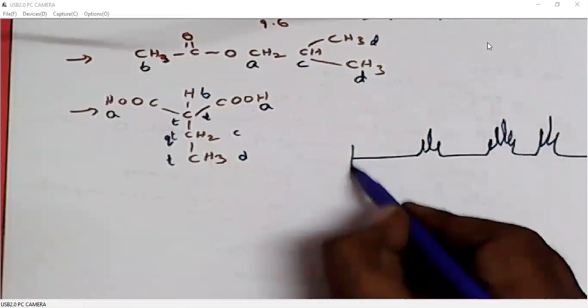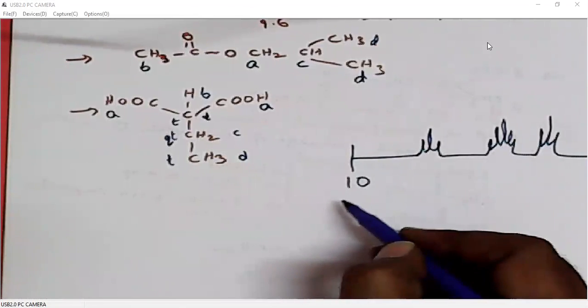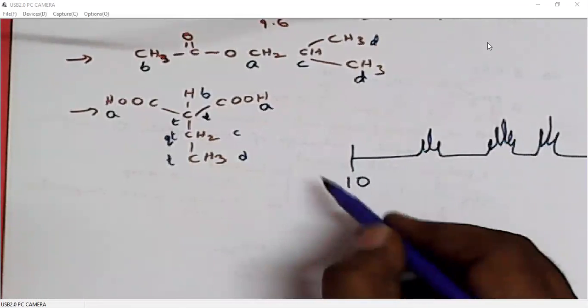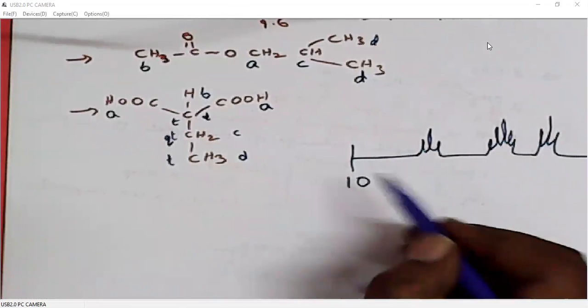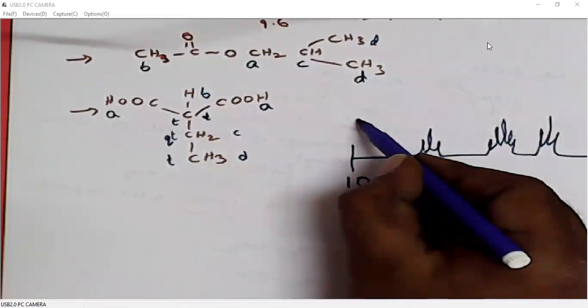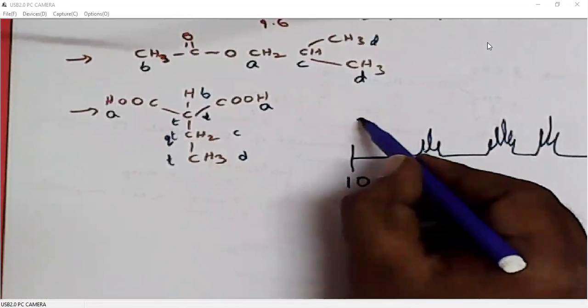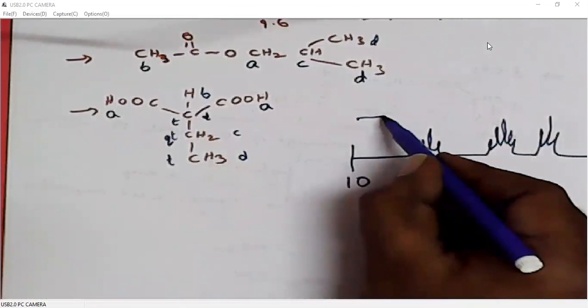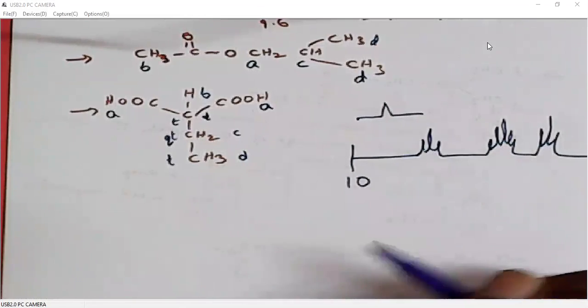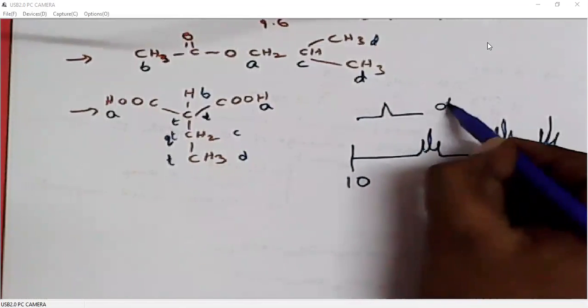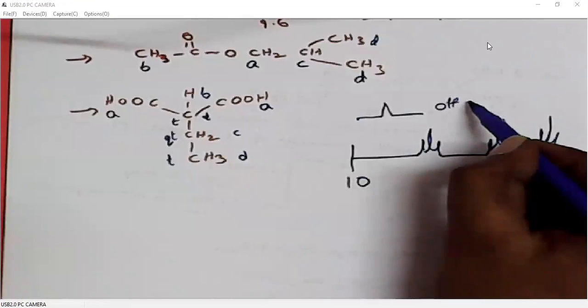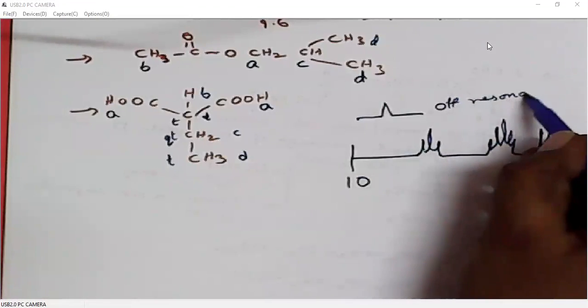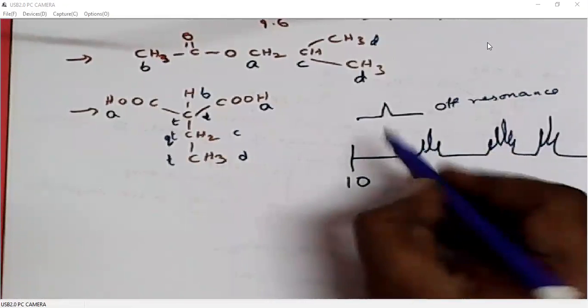Right. For example, sometimes it is not possible to fit the delta values beyond 10. So at that time, they will record the spectrum, cut the spectrum here, and the excess spectrum will be given a little bit above. It is called off resonance. So when it is given, we need to continue from this.